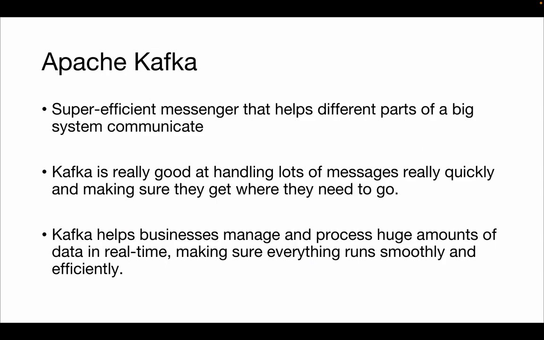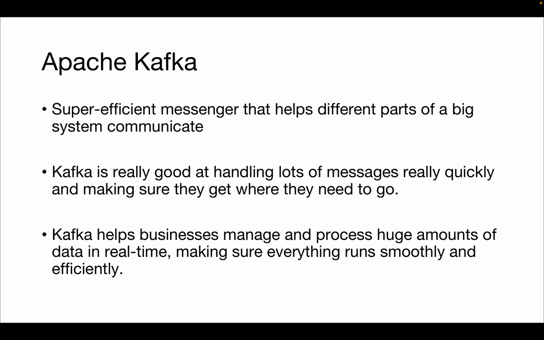Apache Kafka is a super efficient messenger that helps different parts of a big system communicate. It helps us to decouple producer and consumer applications, and it helps them to run independently. Kafka is really good at handling lots of messages quickly and making sure that they go where they need to go.